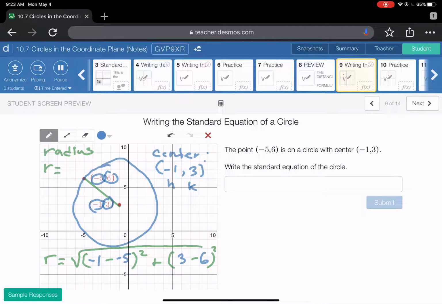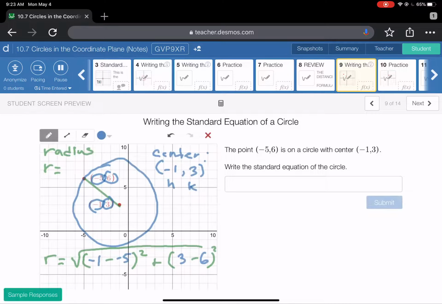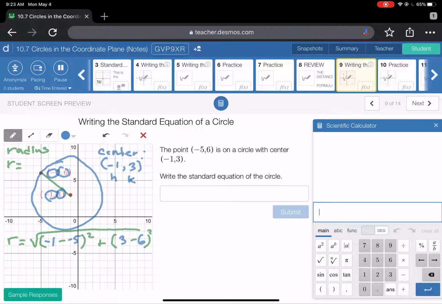And to save us some time, you're just going to substitute this into a calculator. If you just put it how it is, without the r and the equal sign, so square root of -1 minus a -5, if you put it like that, it'll automatically calculate it as a positive.